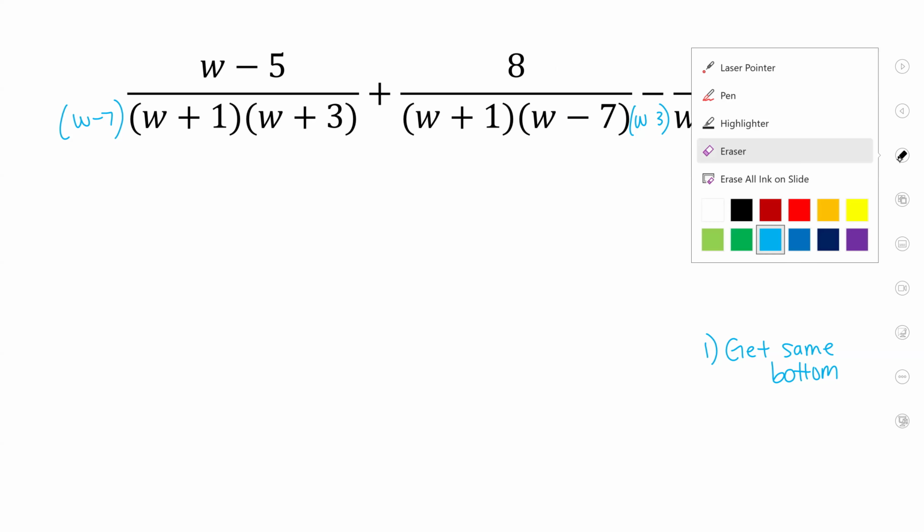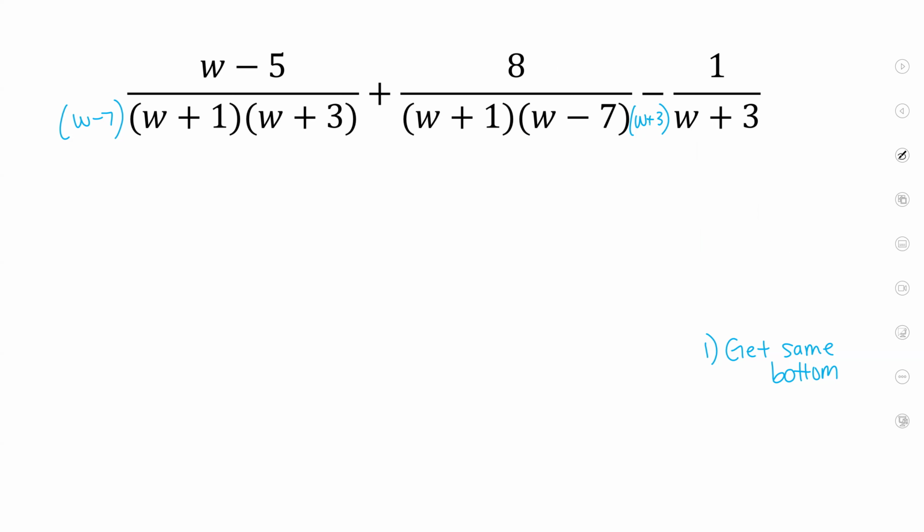Uh-oh. So the first two are good. And whatever you do to the bottom, you also need to do to the top. All right, and then this last one is missing two of them. It needs a W minus 7 and a W plus 1.